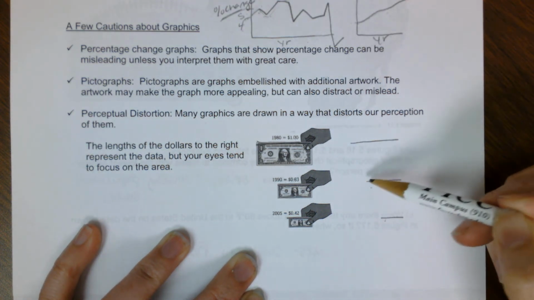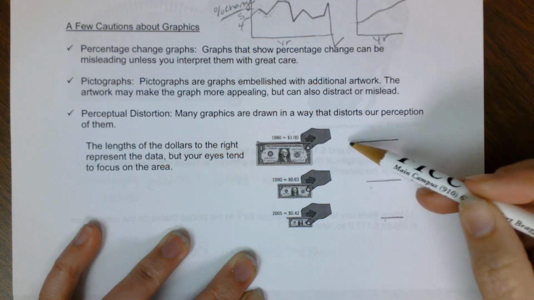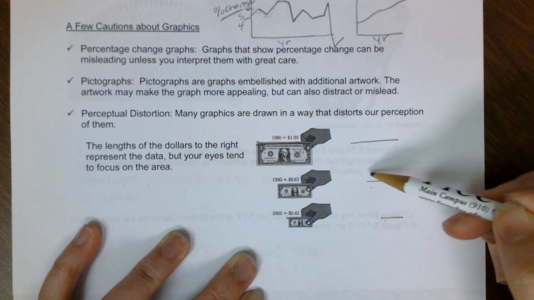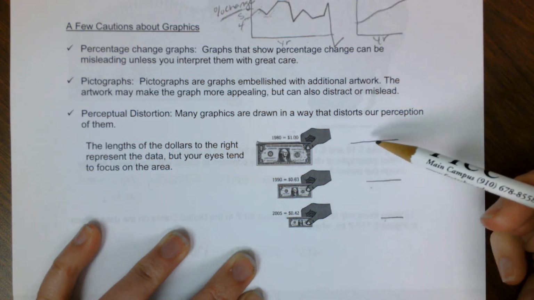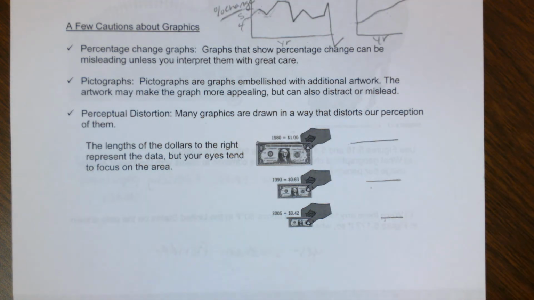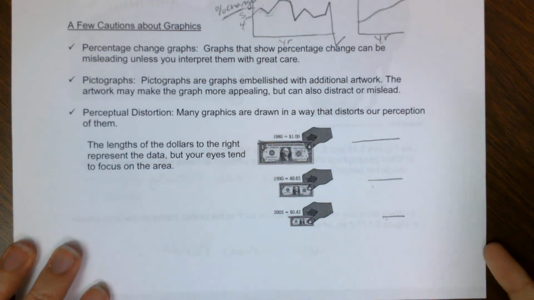So you can kind of see that it's about 2/3 of the whole, and this again looks like it's more like 2/3. So area and distance are different, and sometimes our mind wants to interpret it one way when it's really not intended to be interpreted that way.